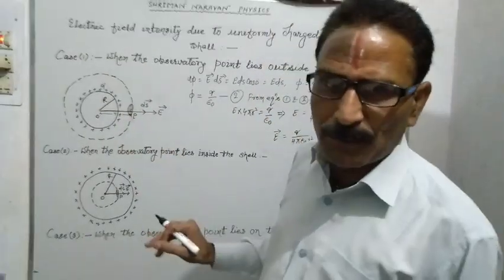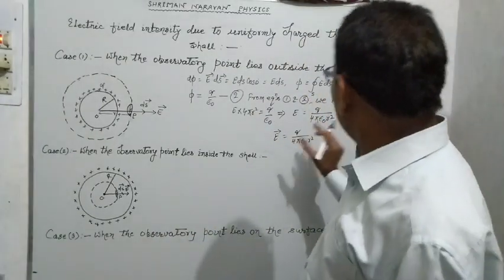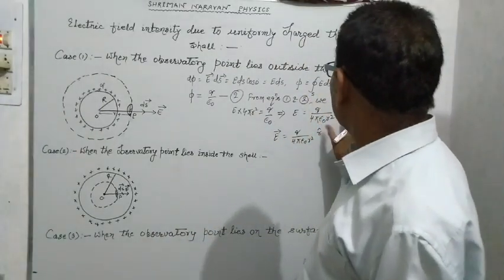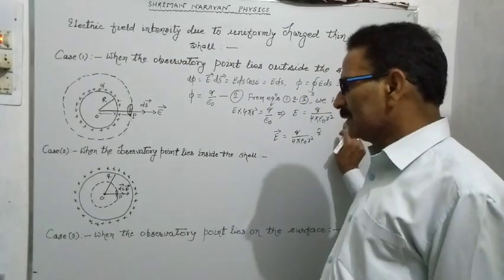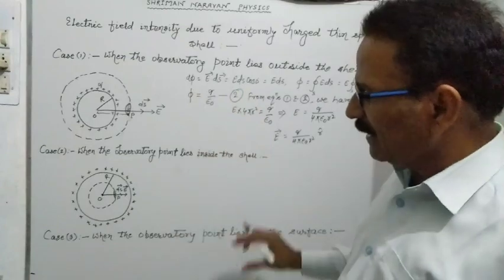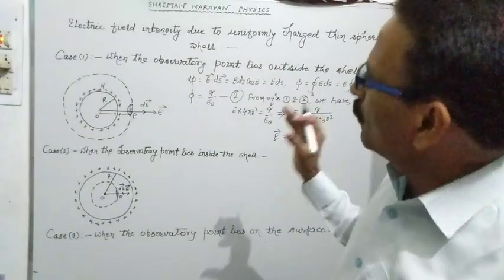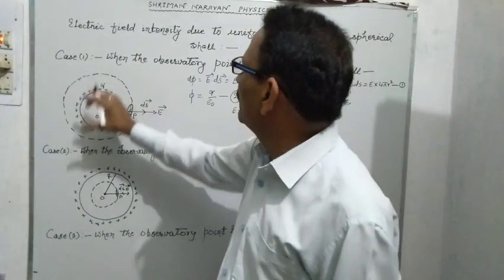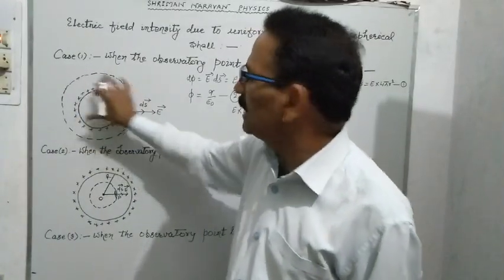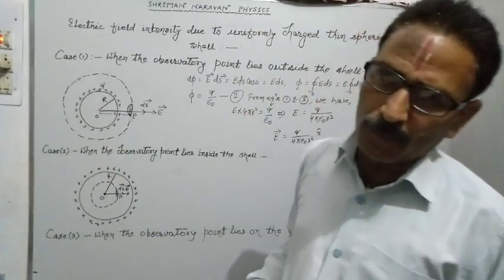If we observe this relation, we can say that this spherical cell is behaving like the whole charge which has been given to this spherical cell, concentrated at the center O.